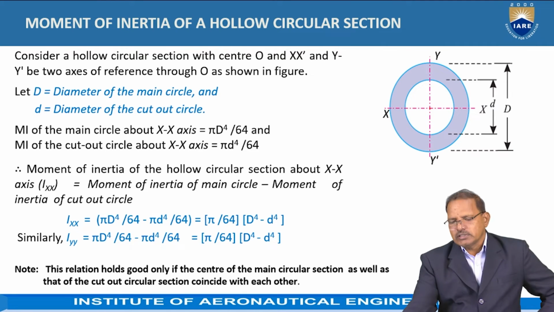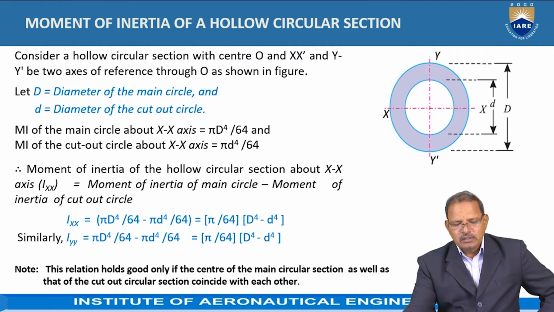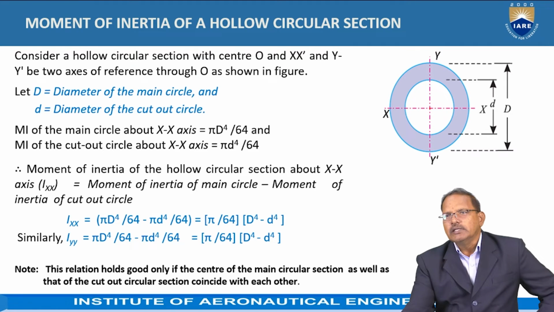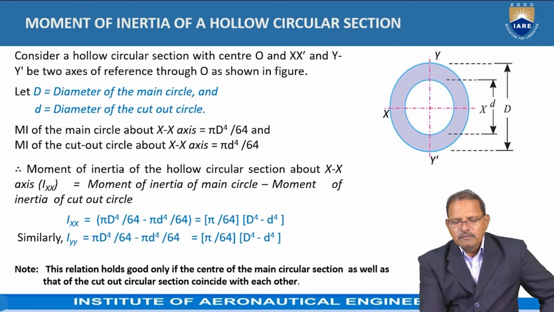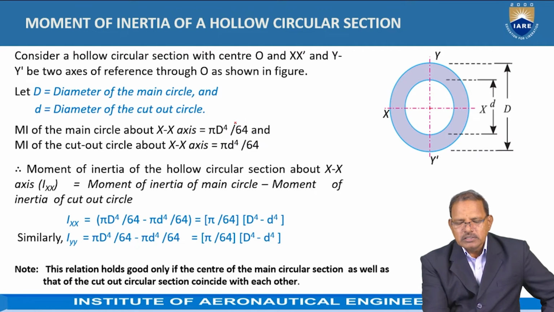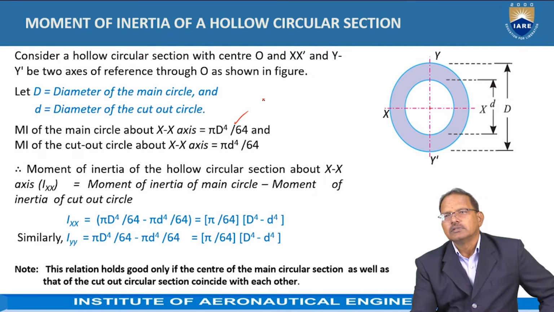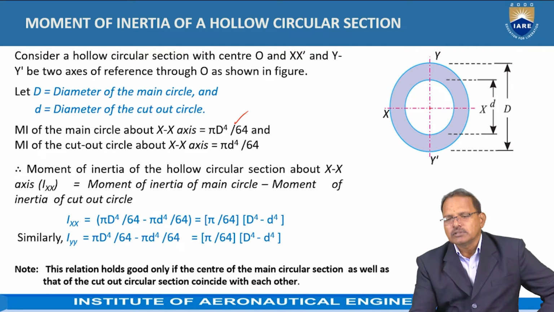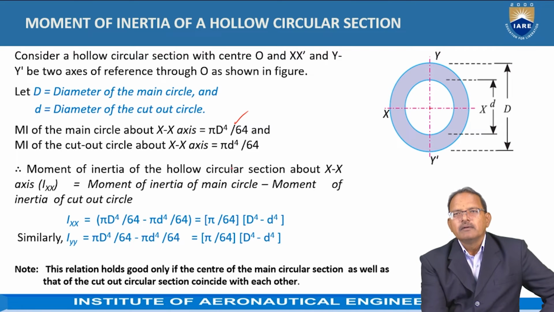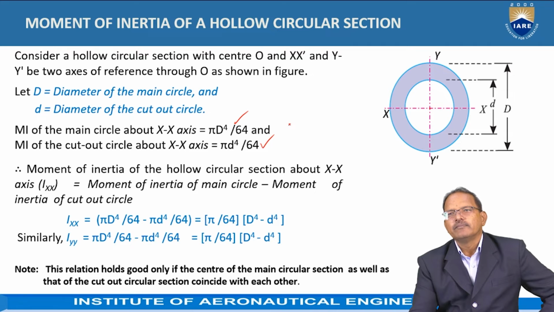According to the previous equations, the moment of inertia possessed by the main circle, which is having capital D as the diameter, is given by πD⁴ by 64 now. Similarly, the moment of inertia possessed by the cutout circle, which is having diameter equal to small d, is given by πd⁴ by 64 now.